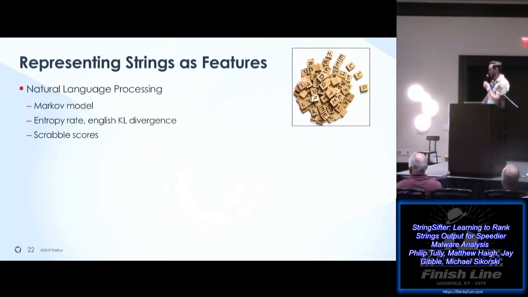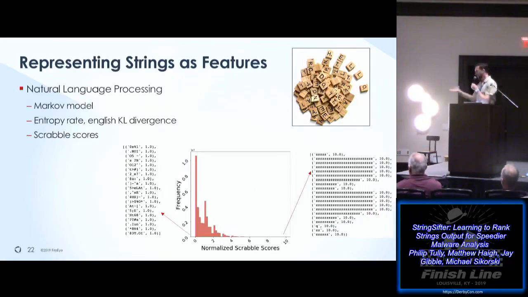Voila, you have a normalized Scrabble score. And this produces something like this, where you have strings with characters that occur very commonly on the left-hand side, and strings with very rare characters on the right-hand side. So lots of Z's, lots of Q's on the right-hand side, and those are also indicators of garbage. We don't really care about those. So we have another kind of sweet spot in this space, right?